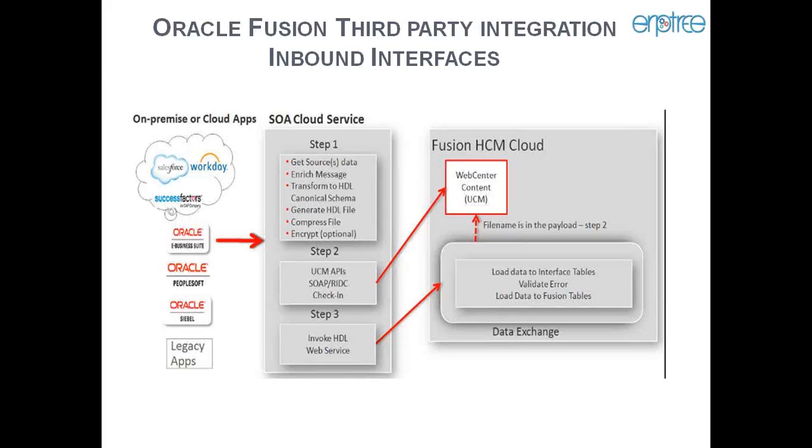Then the HDL came up. HDL is the HCM data loader, human capital management data loader. That is similar to the FBL, but quite an enhanced version of it. When we go into detail, we will see the difference between the FBL and HDL, and how HDL works.